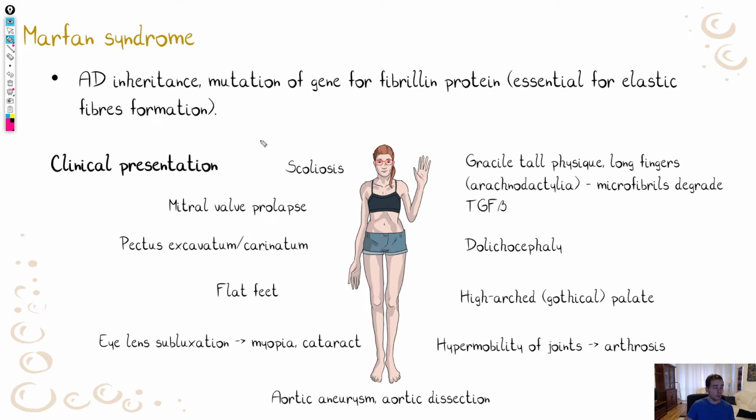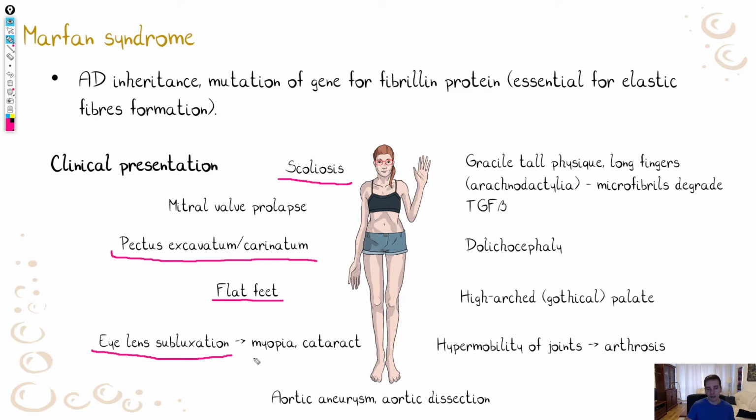Those patients have a lot of problems with the musculoskeletal system. They have scoliosis, very often thoracic deformities, flat feet, very often problems with eyes. Eye lens subluxation is very typical for patients with Marfan.